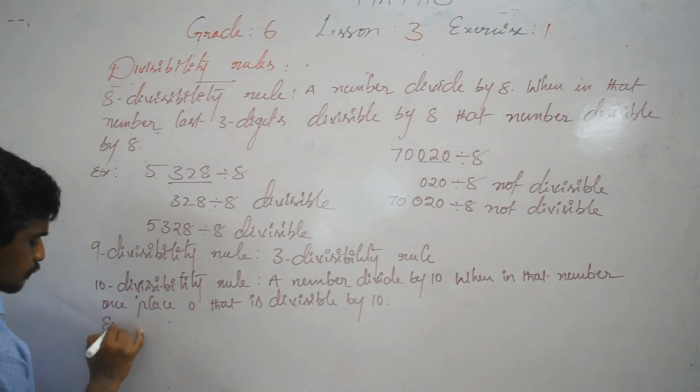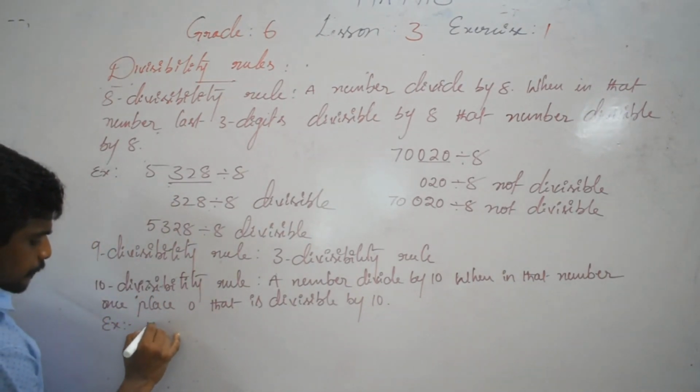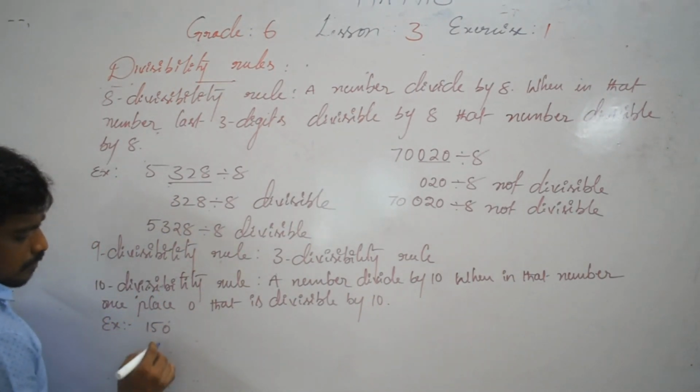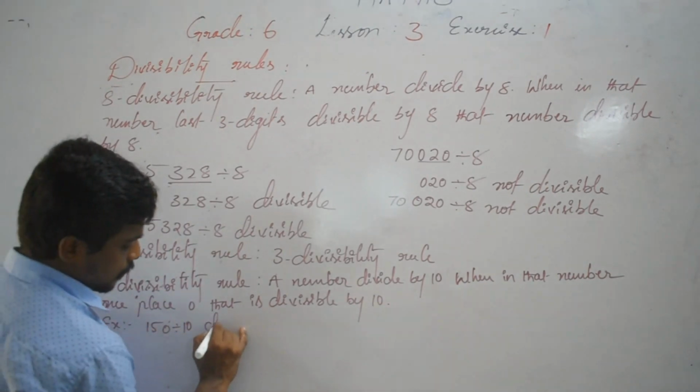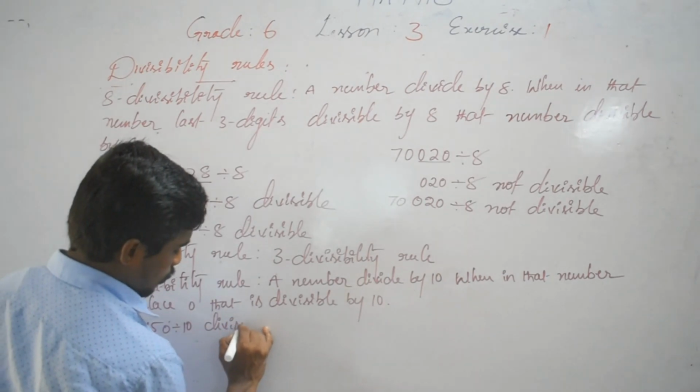Here 15,150 divided by 10, ones place 0, divisible.